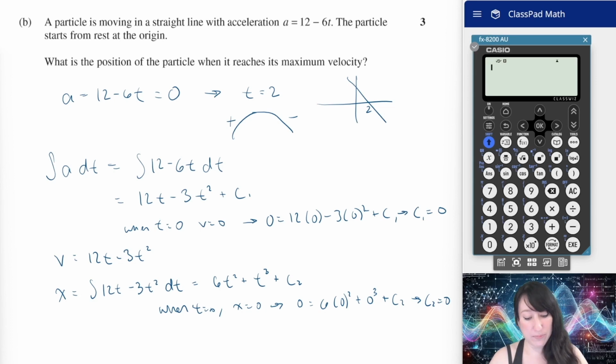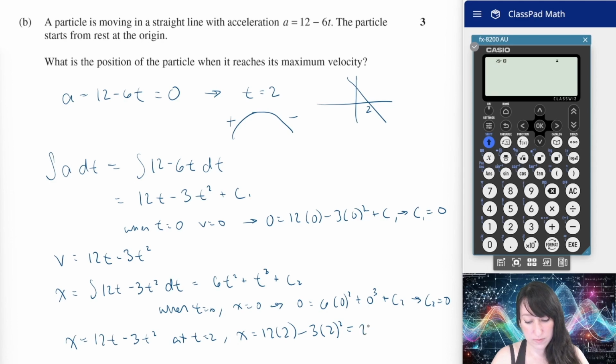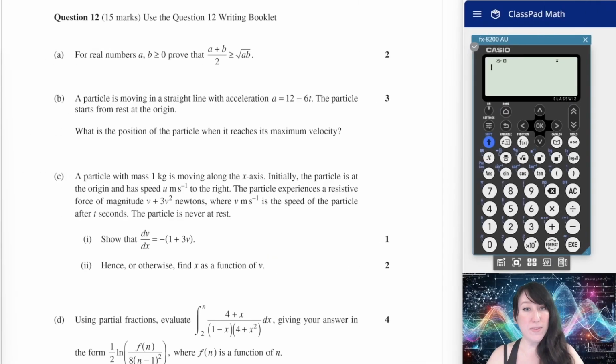So c2 is 0. So the position will be at t equals 2, equals 12.